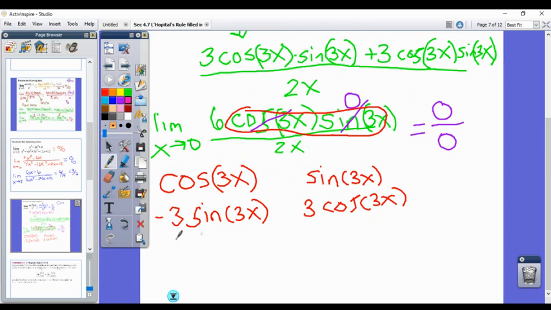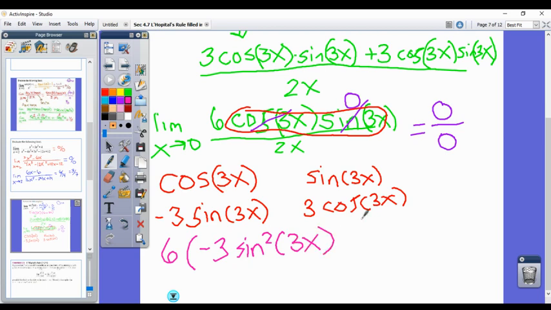So we're going to end up with, I'm keeping my 6 on the outside for now. The derivative of cosine 3x, which is negative 3 sine 3x, times sine 3x. So since we're going to essentially multiply negative 3 sine 3x by sine 3x, that can give me negative 3 sine squared 3x.